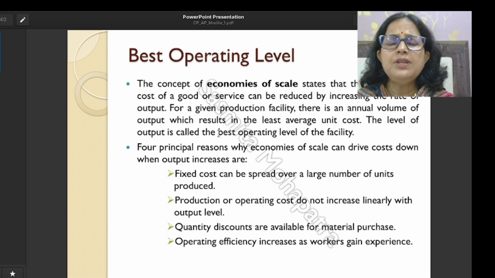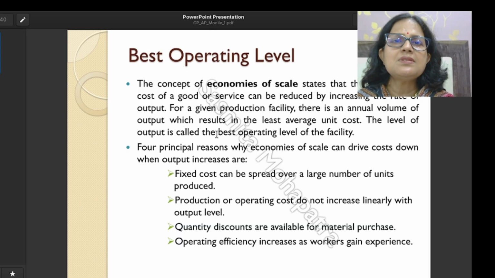So when you go for achieving the best operating level, the design capacity or the maximum capacity of the machine, we need to give all the ideal conditions to the machine, so that we are able to achieve the maximum capacity of the machines.